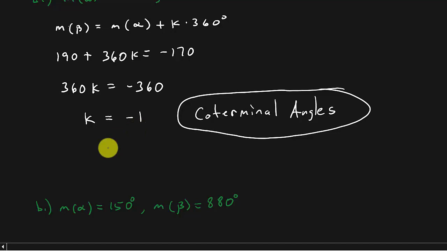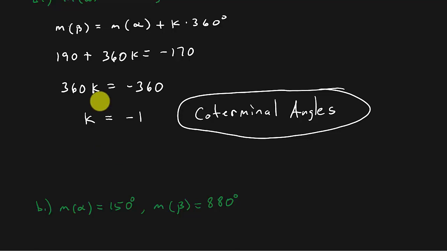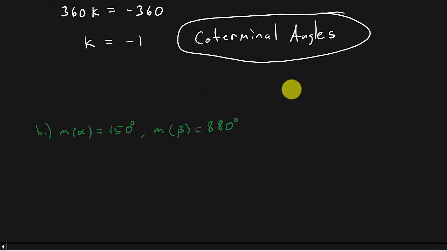Remember the integers, 1, 2, 3, 4, 5, 6, 7, negative 1, negative 2, negative 3. That's the integers, right? All right. So if you plug all this in and you solve for k and you get an integer as an answer, then that means they're coterminal.